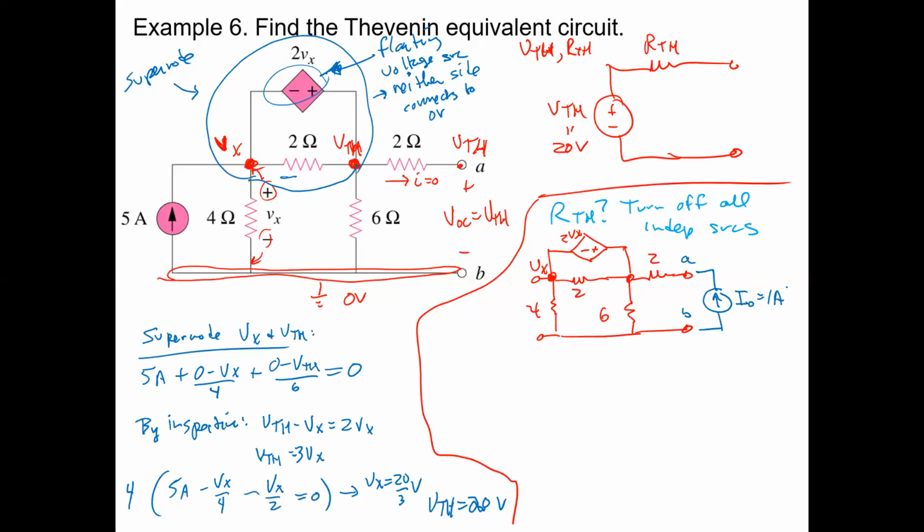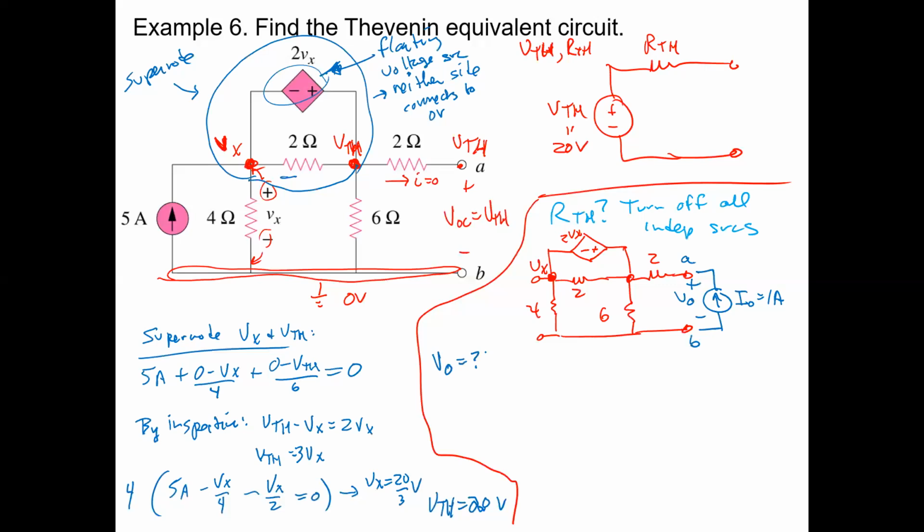Why is that better than a voltage source? Well, if you're doing nodal analysis, it'd be nice to know that the current going through that 2 ohm resistor is exactly 1 amp. So that can help. We're going to call the voltage at AB V0. And if we're putting in 1 amp there, the question is, what is V0?